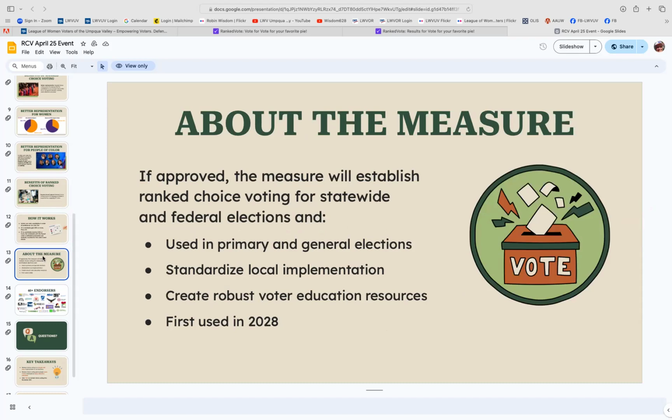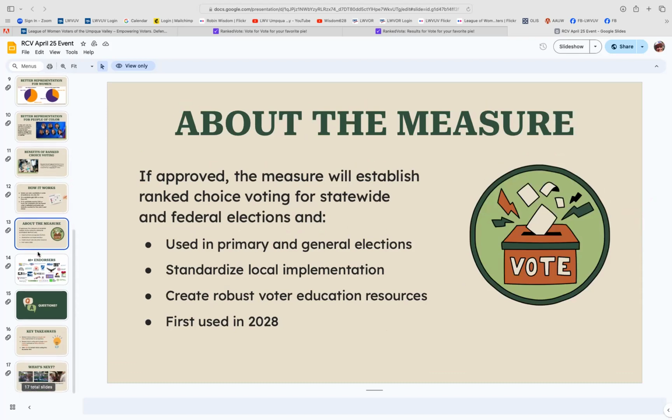Next slide. So let's talk a little bit about what you're seeing on the ballot this November. What does this ballot measure actually do? So if this is approved in November of 2024, the measure will establish the use of ranked choice voting for statewide and federal elections. So statewide elections include the governor, the secretary of state, attorney general, and so on and so forth.